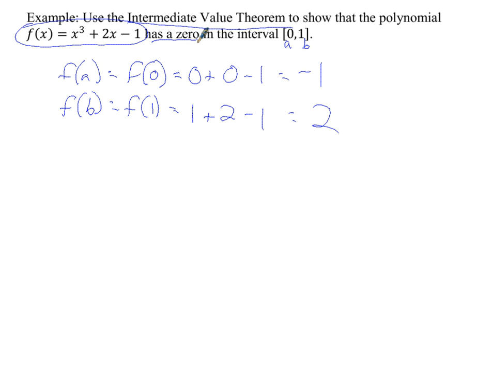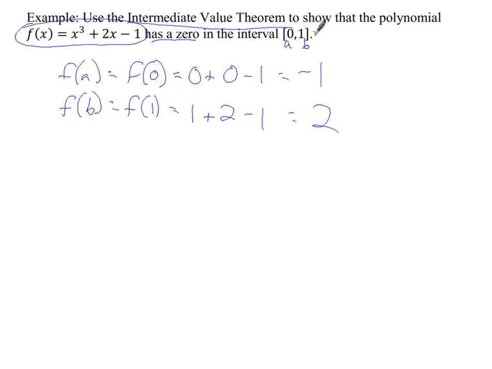So the intermediate value theorem says if I want a specific number over the interval that's between f at a and f at b, I can get it, right? What specific number are we looking for here? We're specifically looking for 0. Is that number between f at a and f at b? Yes, which means that I can find a 0 between 0 and 1.